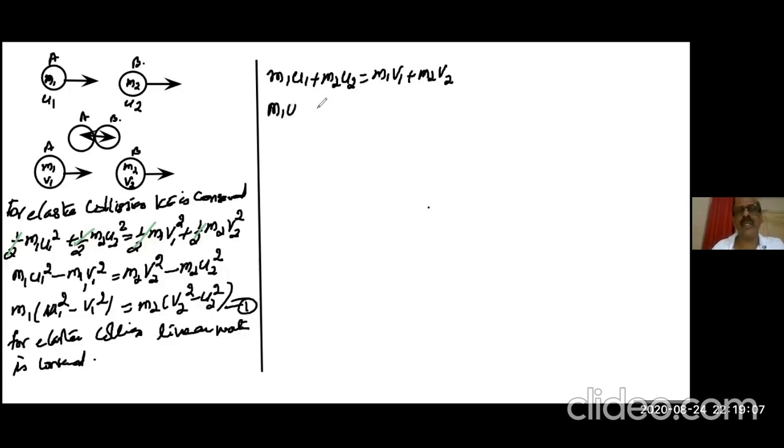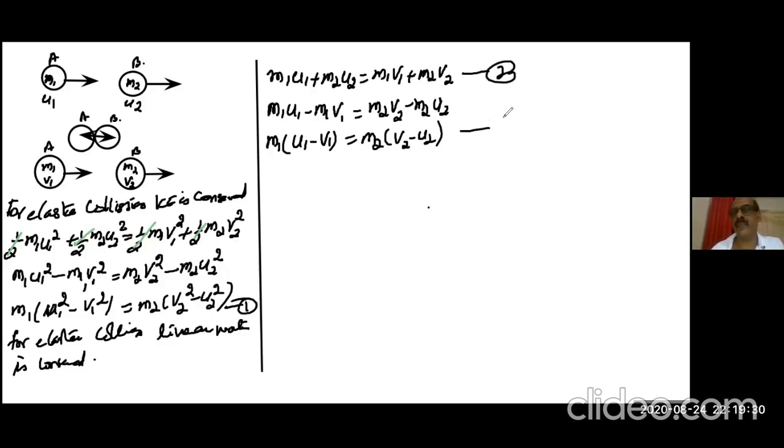Then m1 u1 minus m1 v1 is equal to m2 v2 minus m2 u2. Then m1 into u1 minus v1 is equal to m2 into v2 minus u2. This is equation number 2. This is equation number 3.